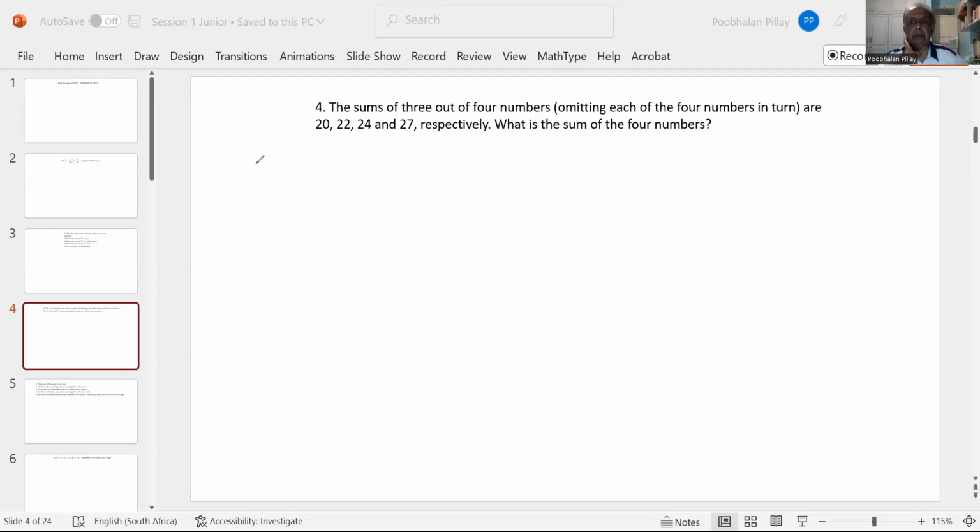See? So what we have to say is, we don't know what the 4 numbers are. Let's give names to them. Let A, B, C, and D be the 4 numbers.